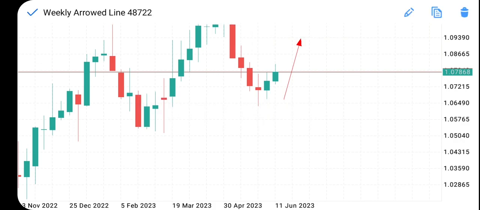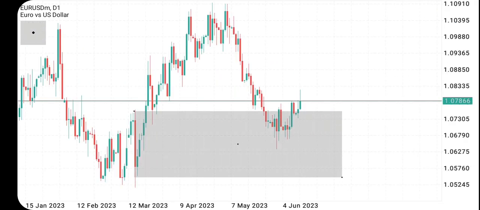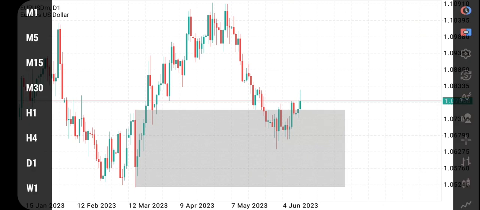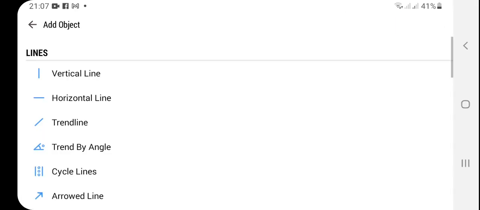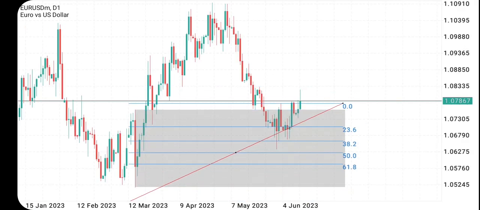But so on the weekly chart, we see that price is shooting up. On the daily order block, we see price is in a big daily order block. And when we examine this big daily order block, let's pull out our Fibonacci retracement.